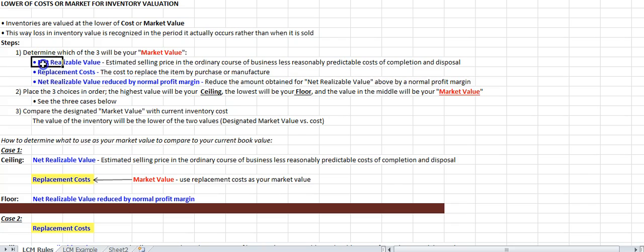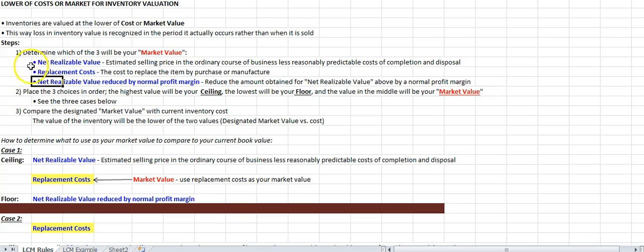That's why we call this the ceiling, and this is the floor. So if replacement cost happens to be lower than net realizable value reduced by normal profit margin, then instead of using replacement cost as your market value to compare to cost, you will use net realizable value reduced by normal profit margin. And there's reasons for that, and I'll explain that a little later.